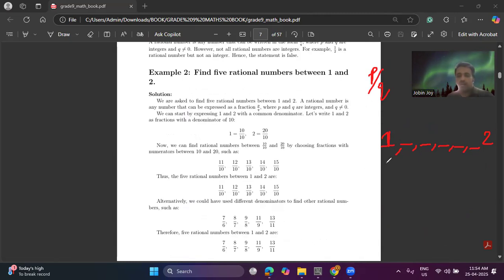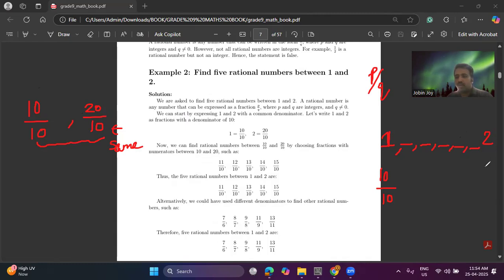So what I am doing is writing 1 as 10 by 10. What is 10 by 10? 0, 0 cancel, it is 1. Similarly, this 2 I can write as 20 by 10. 0, 0 cancel, this is 2. Check the denominator: it is the same.